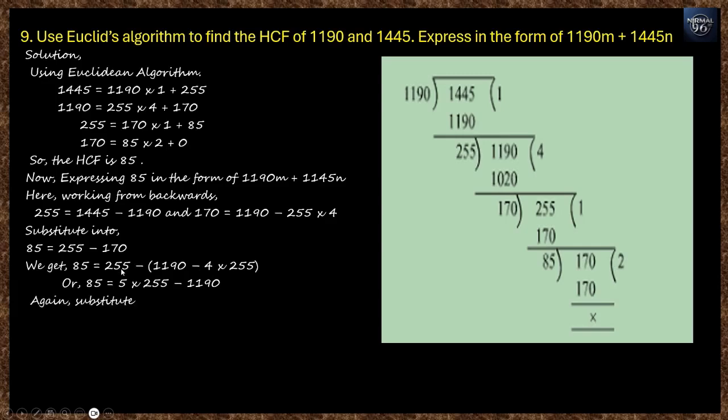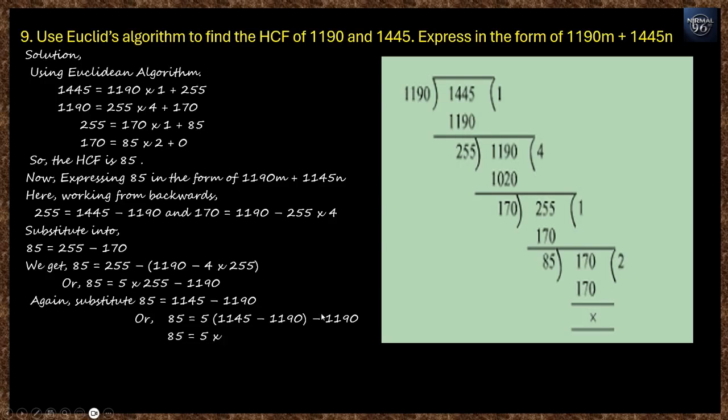After that again substitute: 85 is equal to 5 times (1445 minus 1190) minus 1190. When you multiply all this out and subtract, we will get 85.